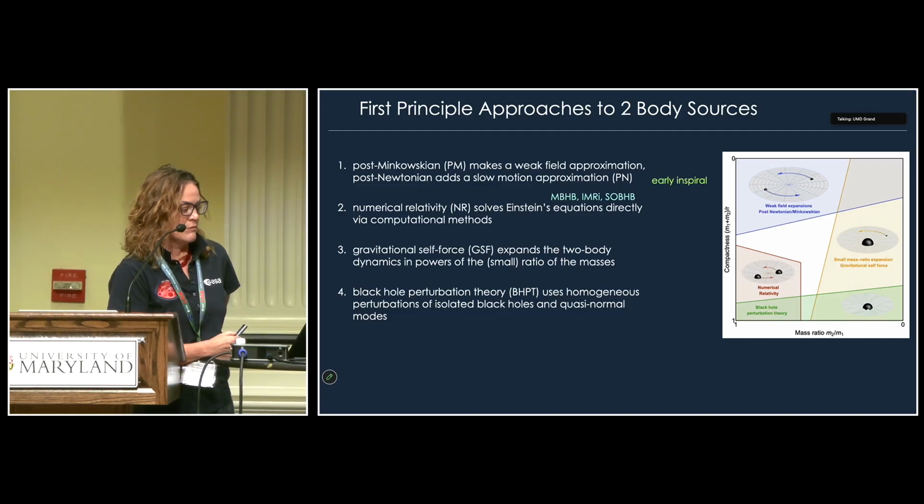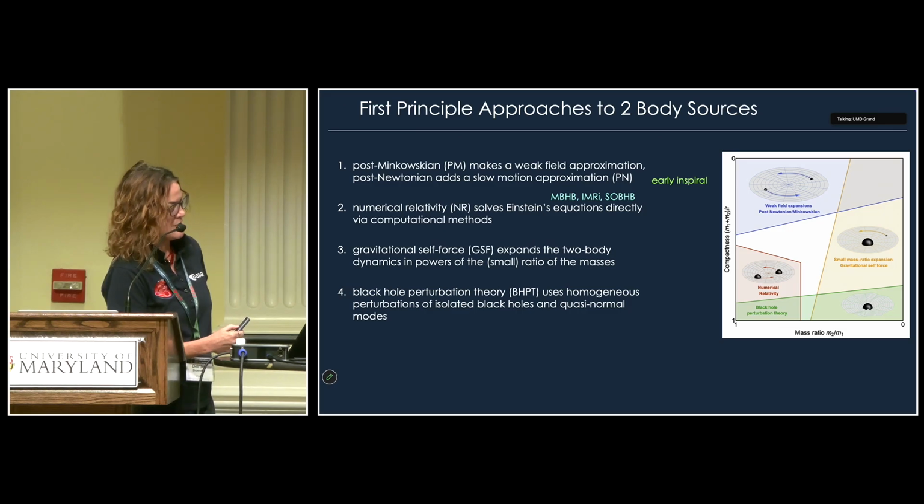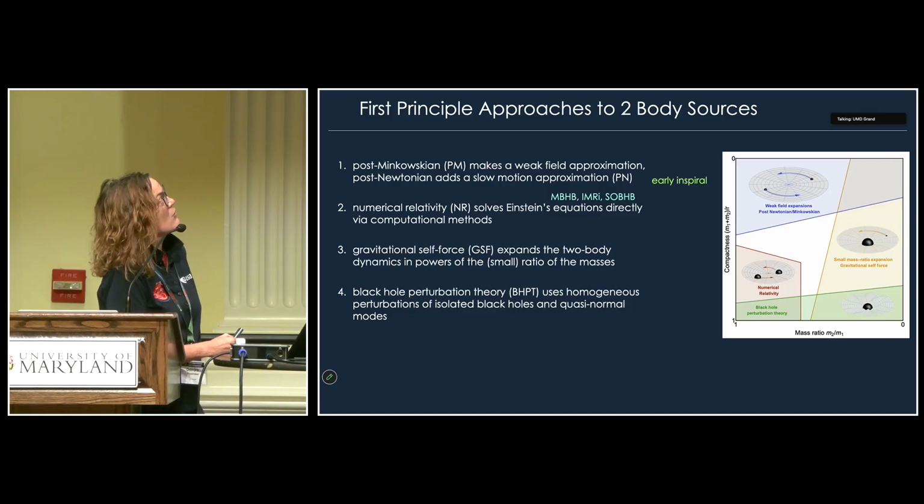So the way these approaches are applied is when they're the most applicable. You would use the PN information for early in-spiral, especially important for massive black hole binaries, IMRIs, which are intermediate mass ratio in-spirals, and our stellar-origin black hole binaries.